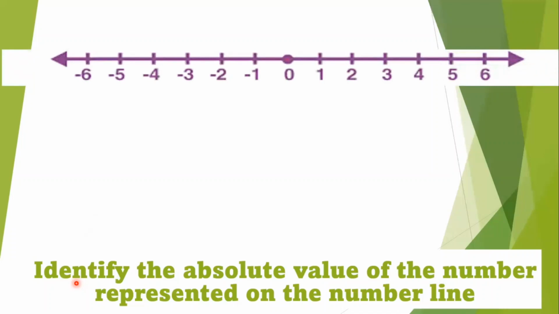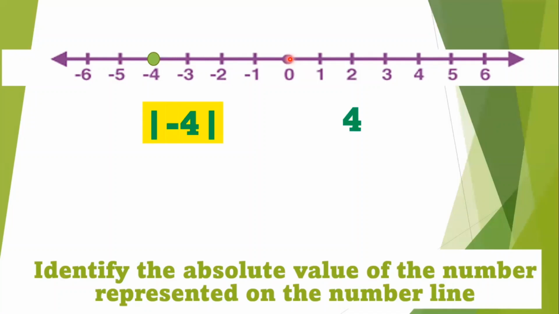Then, we have the dot on the negative 4. Nakaplot ang ating dot or point sa negative 4. So, ibig sabihin, we're going to find the absolute value of negative 4. So, let us count from 0. So, that is 1, 2, 3, and 4. So, the answer is 4 units.